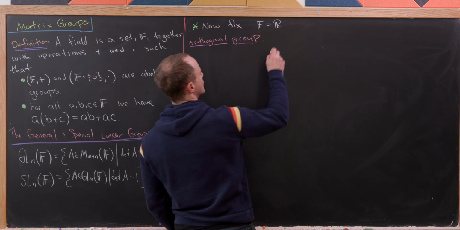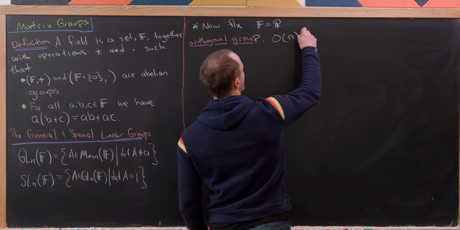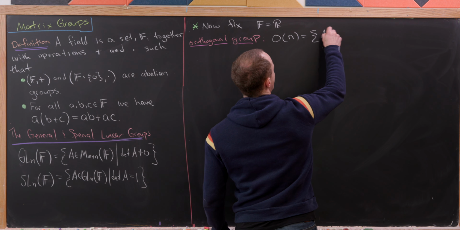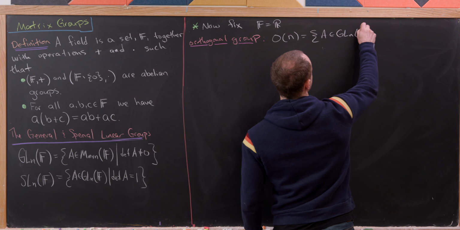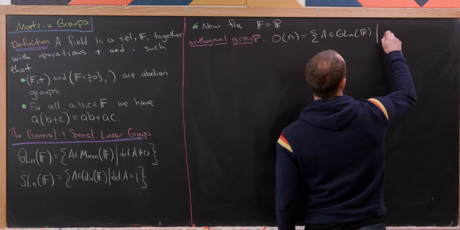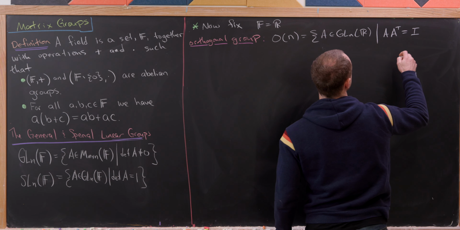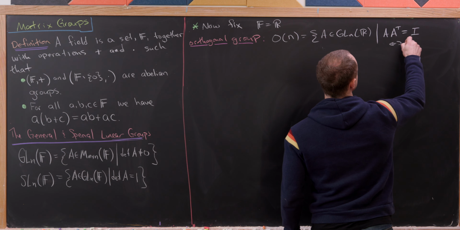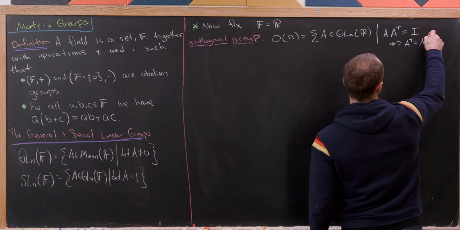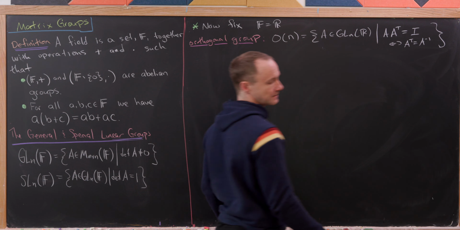Okay, so the orthogonal group is defined as follows. We'll say it's O_n, and this is going to be all A in GL_n(R), so that if you take A times A transpose, you get the identity matrix. Observe that's the same thing as saying that A transpose is equal to A inverse.